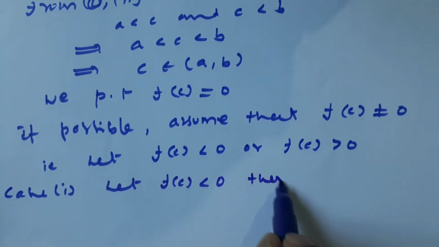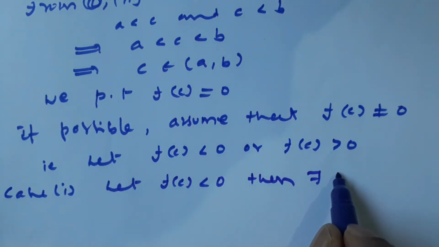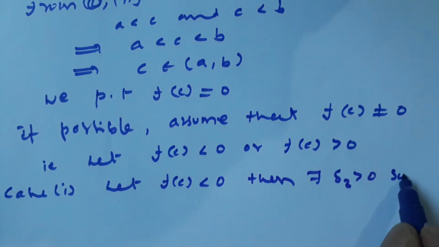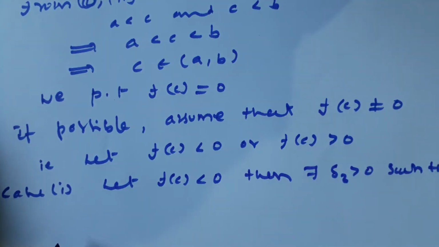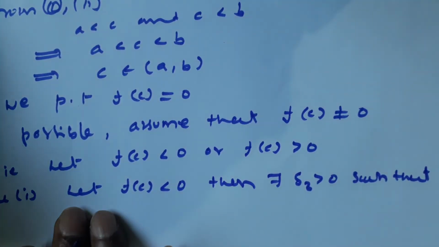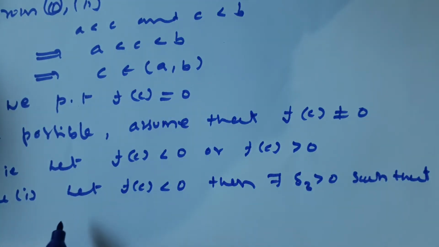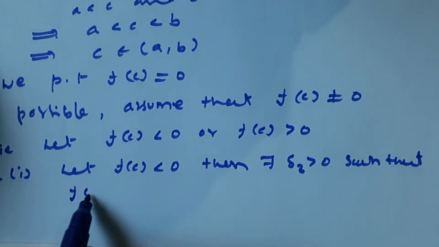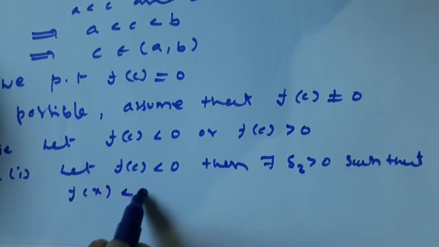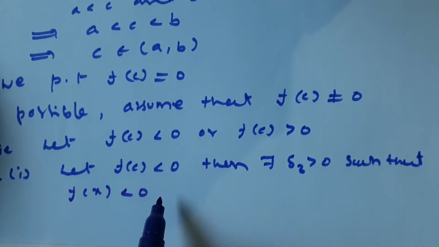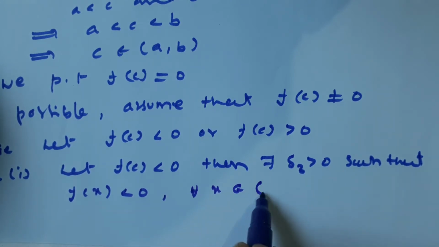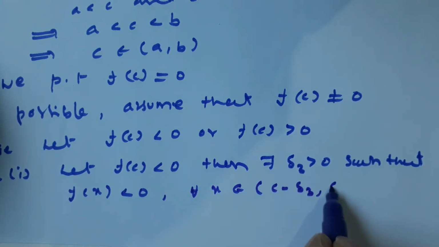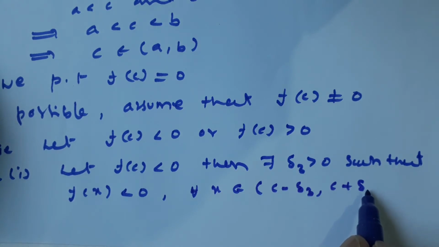Then there exists delta 3 greater than 0, with different values like 0.1, 0.2, 0.3, such that f of x is less than 0 by the previous theorem, for all x belonging to the open interval C minus delta 3 comma C plus delta 3.